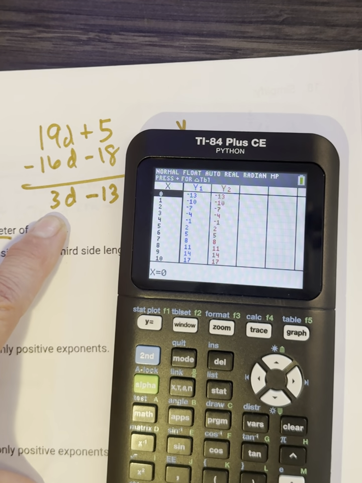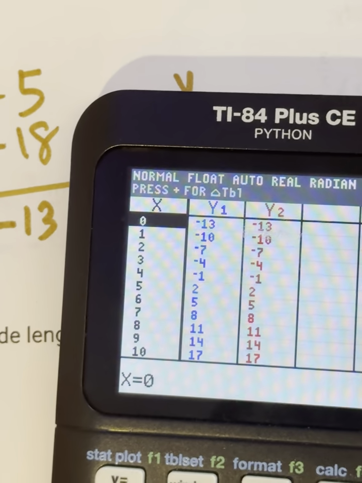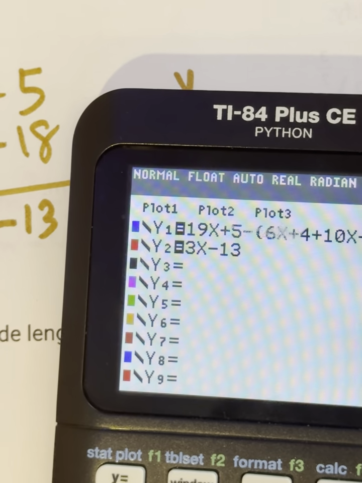So second table, the tables match, so my answer is correct. If it doesn't, then I've done something wrong.